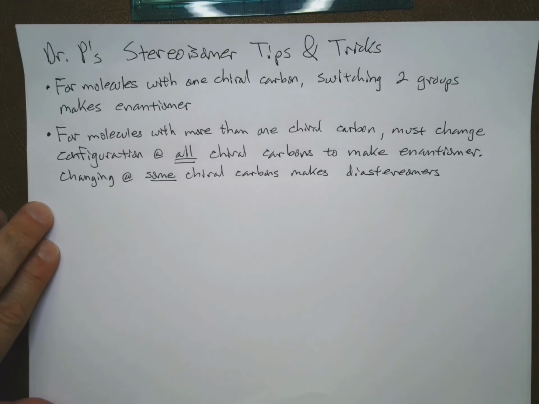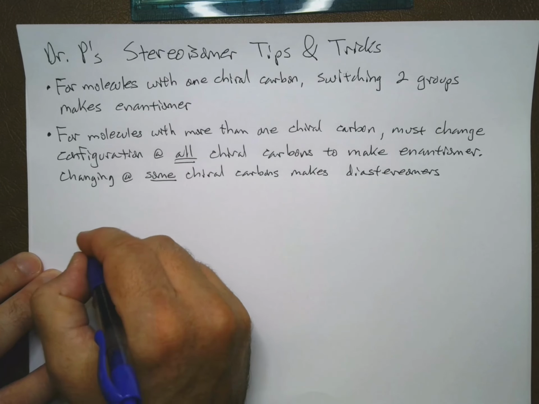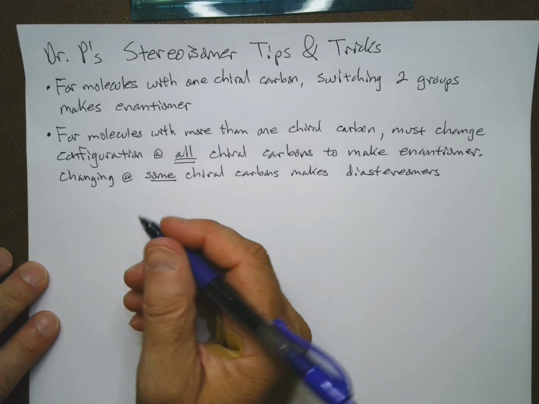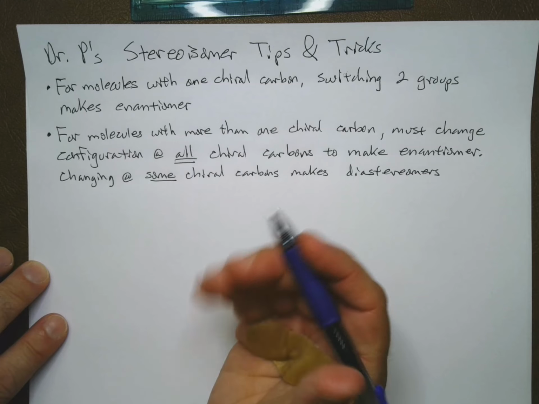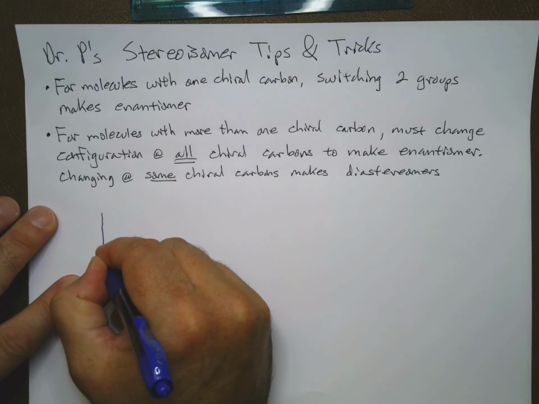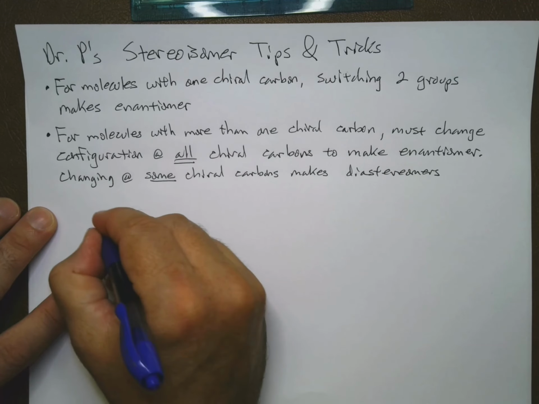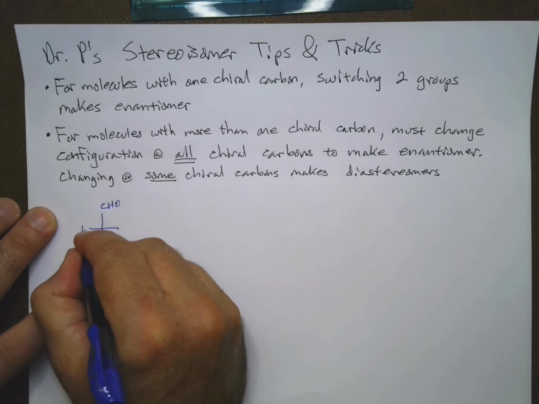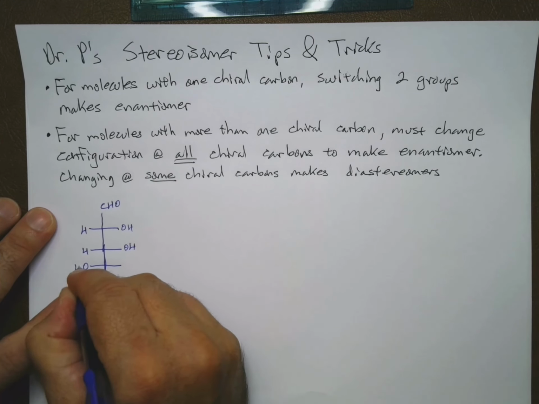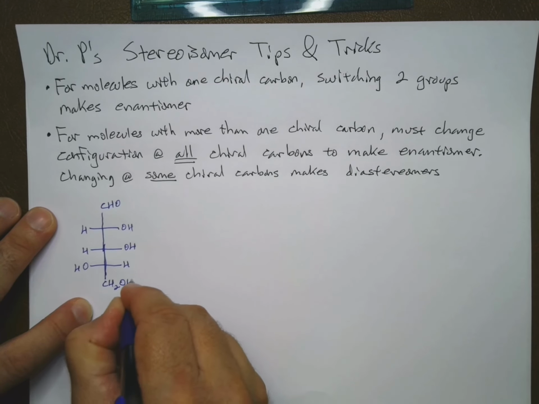So let's say I had the following molecule. Let me go ahead and draw this here. And actually I'll do a couple of examples. So let me do one, and I'll make a Fischer projection here. I'll do some kind of sugar here with three CH2OH.